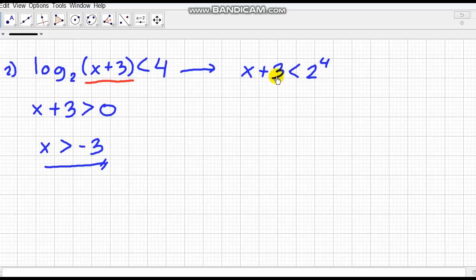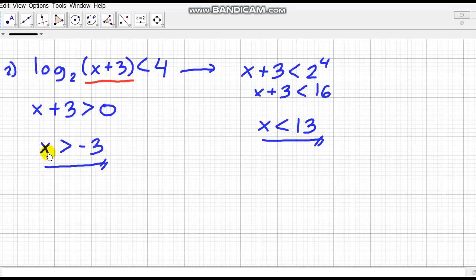So x plus 3 is less than 2 raised to the 4th power. So we'll have x plus 3 is less than 2 raised to the 4th power, which is 16. Transpose 3 to the other side, we will have x is less than 16 minus 3, that is 13. So we have this solution set here, x is less than 13. So the values of x will be from 13 going down, but remember not including 13.